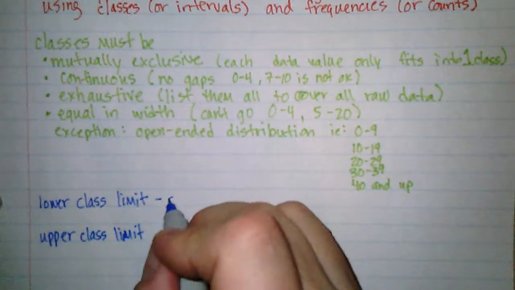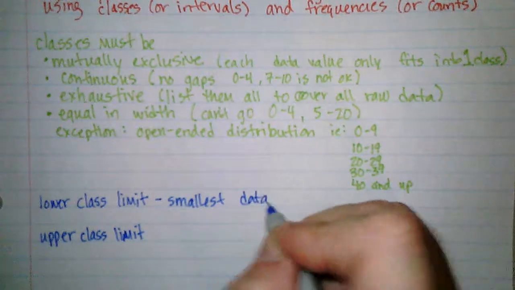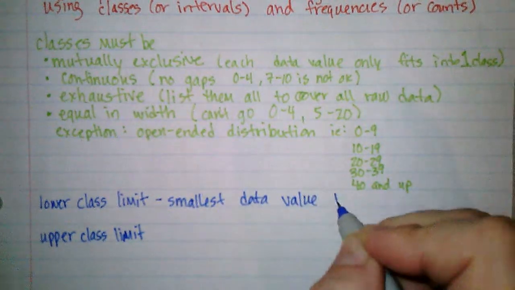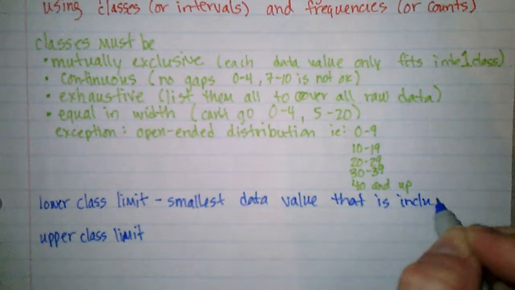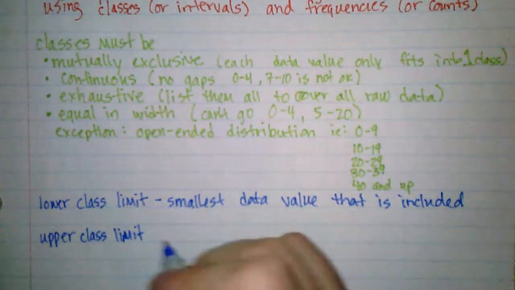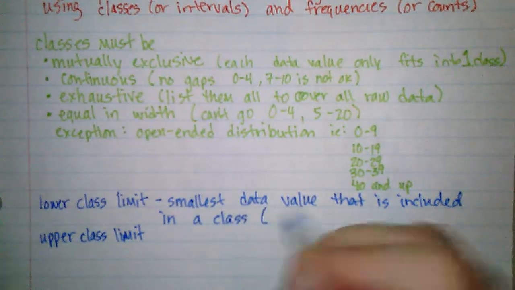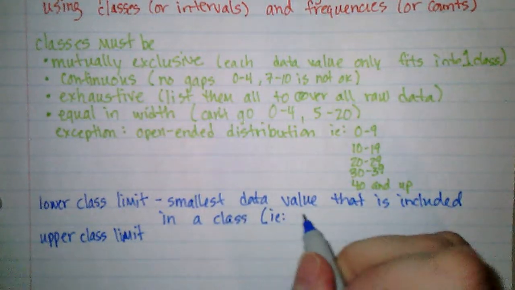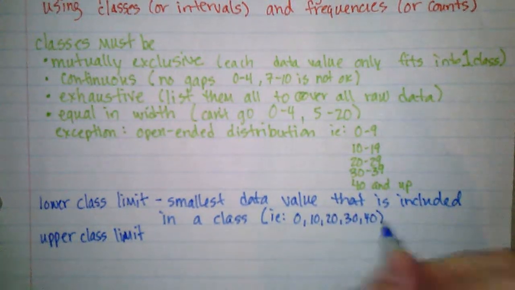So a lower class limit is the smallest data value that is included in a class. So in the example that I put up here would be 0, 10, 20, 30, and 40.